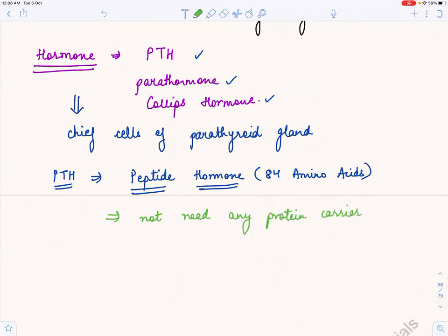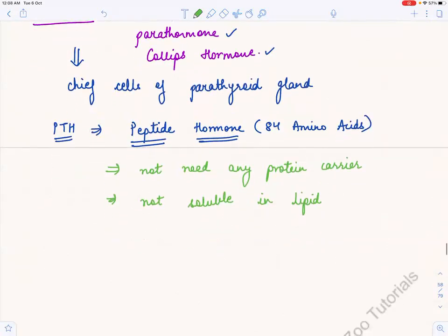It will be circulating freely, and it is not soluble in lipid. So where will the receptor be, in the cell or outside the cell? It binds to the cell membrane.